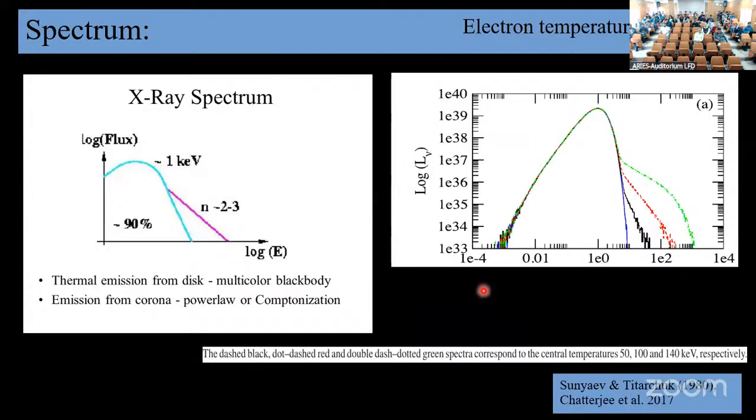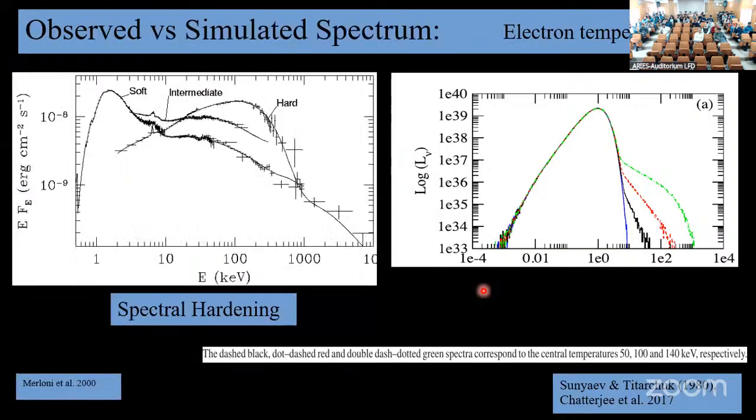If you look into this particular graph here on the right hand side, you can see the black one corresponds to the lowest electron energy. And as you increase the electron's energy, the power law is increasing. So more and more inverse Comptonization occurs with the electron temperature. And this can be observed for Cygnus X-1, where spectral hardening is observed, and various other sources.